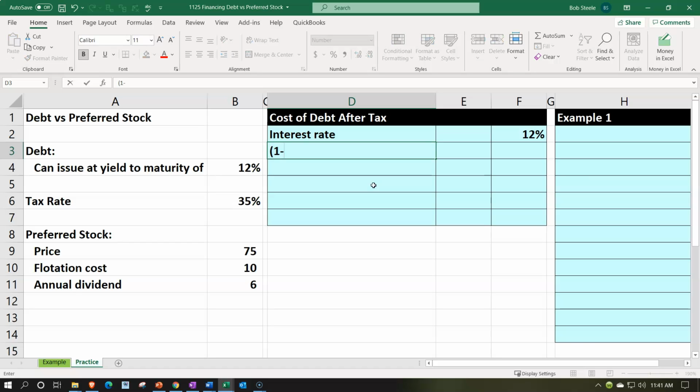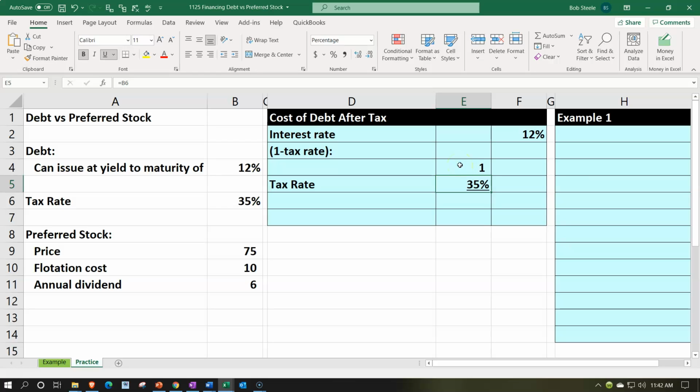So 1 minus the tax rate. Shift 0, colon, and this is going to be 1, and then we'll pick up the tax rate, which is equal to that 35%, making that a percent by going to the numbers group, percentifying it, going to the font group, and underlining it. We could then make this 1 over here a percent as well.